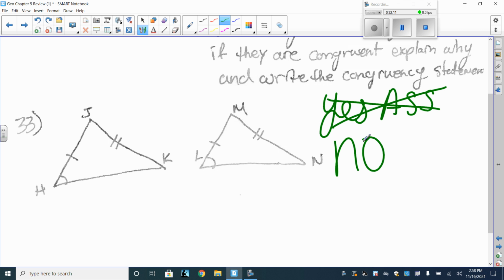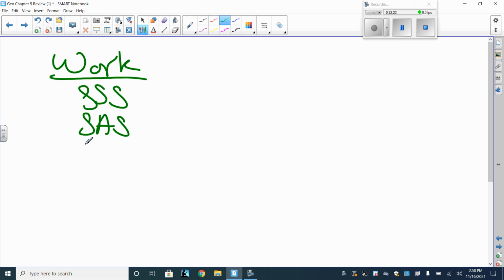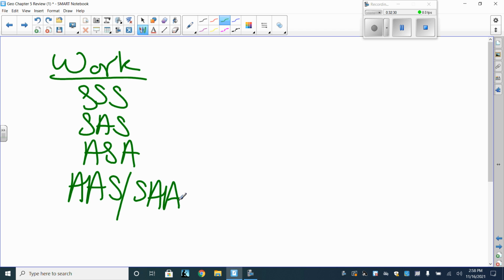This is not true. Because again, the ones that work are side side side, side angle side, angle side angle, angle angle side or side angle angle. The one special one that we had was hypotenuse leg, and this only worked if it was a right triangle.